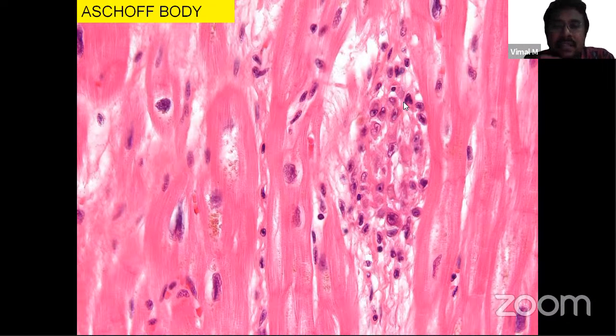Ashcroft body you will be seeing in the myocardium. It is a collection of aggregates of histiocytes. Because of the immunological damage in the myocardium, there occurs a collection of the histiocytes.